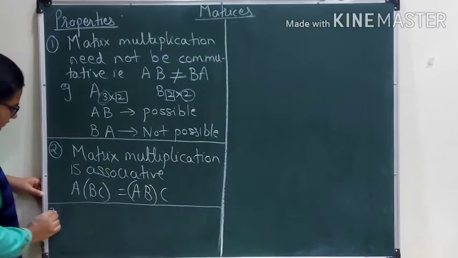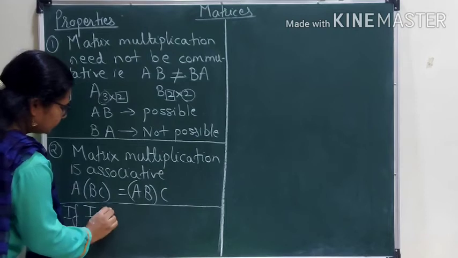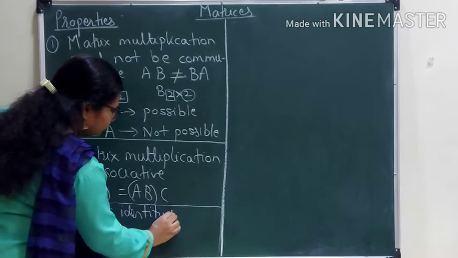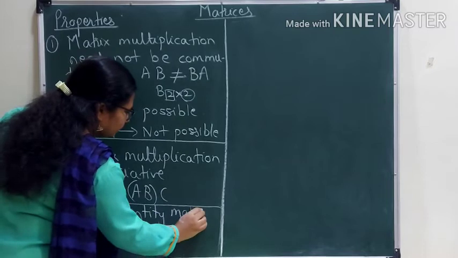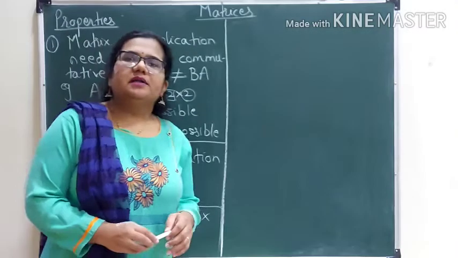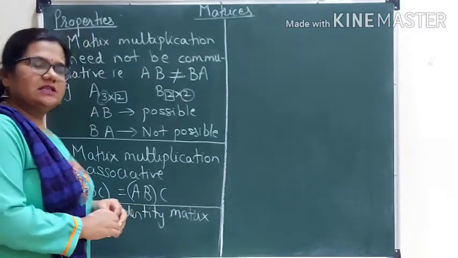Next property, if I is identity matrix. You know what is identity matrix? Identity matrix means the diagonal elements are 1 and non-diagonal elements are 0.